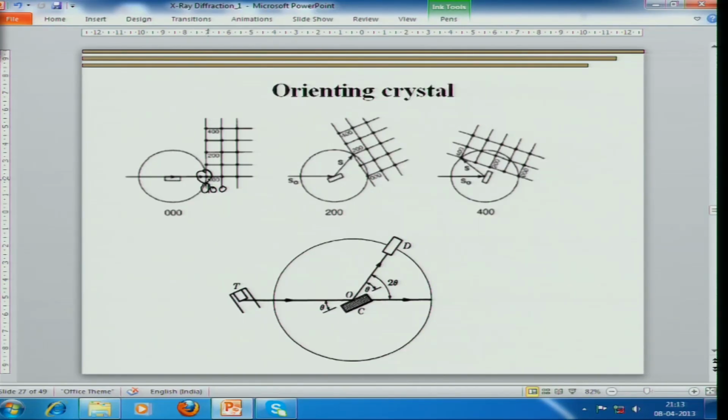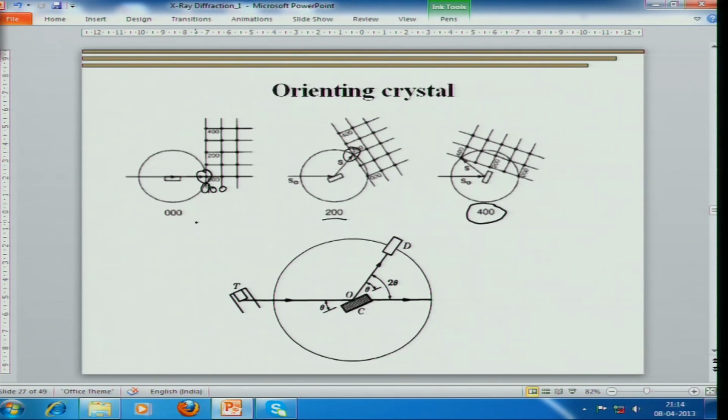However, once you tilt the sample, you do have the 2 0 0 point of the reciprocal space lying on the Ewald sphere, and we do get diffraction. Similarly, the crystal can be reoriented so that we do get diffraction from the 4 0 0 reflection. I hope you can appreciate that by changing the orientation of the crystal, we can change the orientation of the reciprocal lattice associated with it and get diffraction.